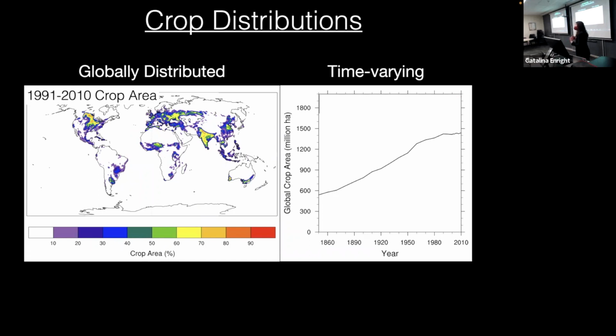So these aren't used in the climate simulations that we're trying to use to understand our Earth system and how climate change is happening, except for in CESM. So CESM is the only model that includes this kind of comprehensive representation of agriculture and agricultural management. So globally distributed and time varying, which is important for understanding the impacts that crops have had over time.